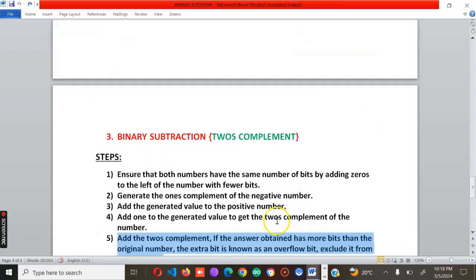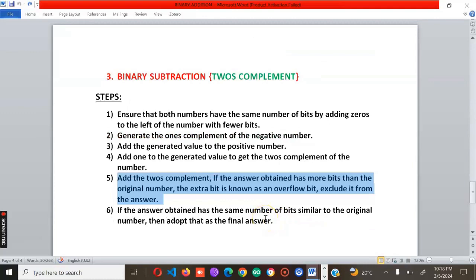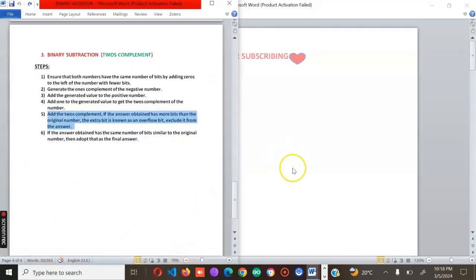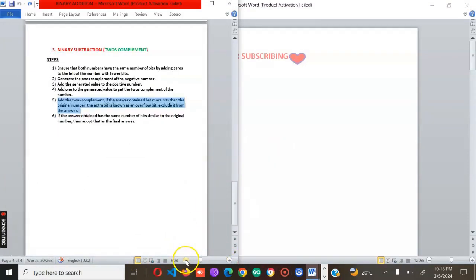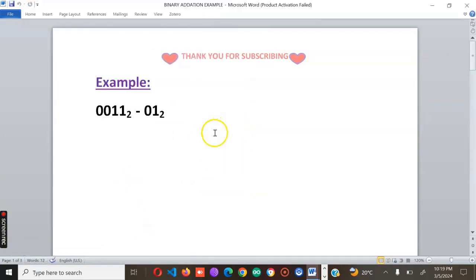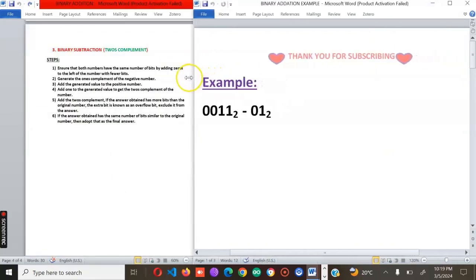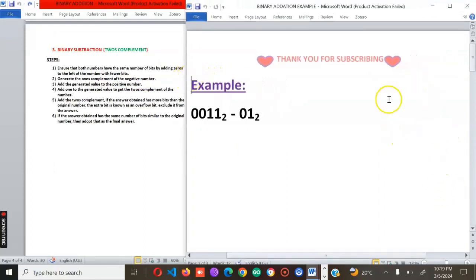Having done that, now let's move to our example. Let me minimize this so that we can apply the same concept. I hope you are able to see the font. So our scenario number 1: we have 0 0 1 1 and 0 1.